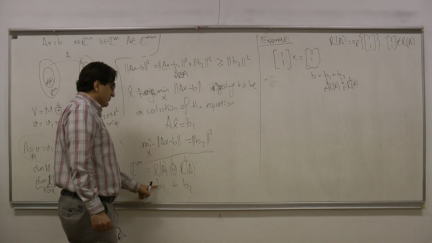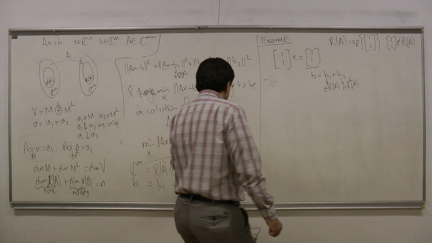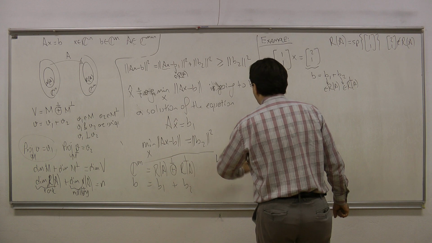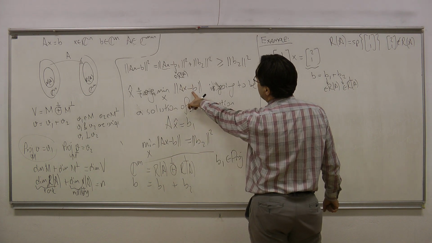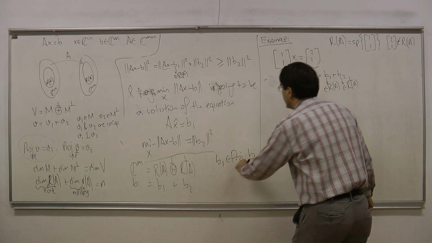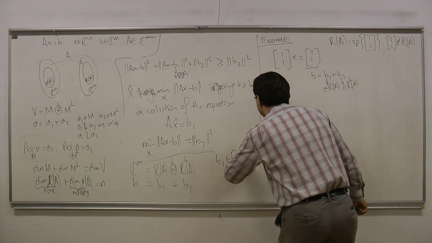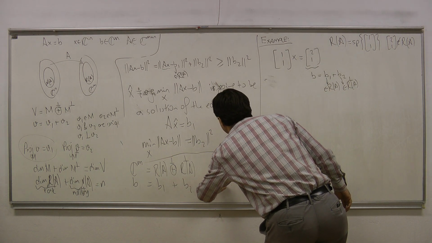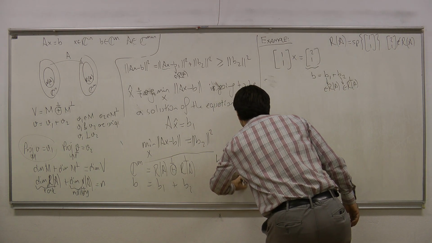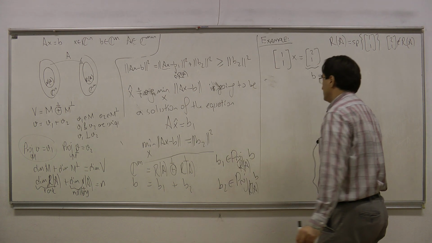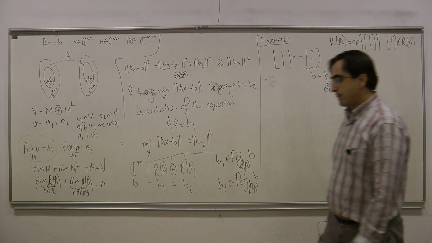Then what is this B1? B1 is nothing but the projection of our B vector, which is not inside the range space of A, onto the range space of A. And B2 is the projection onto the range space of A orthogonal complement.